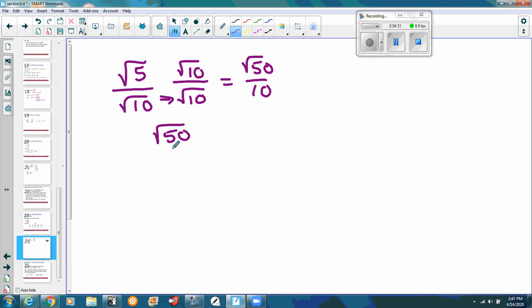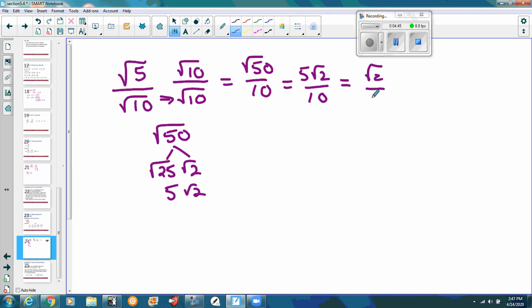So if I simplify radical 50, that's radical 25, radical 2. So that's 5 rad 2. Coming back up here, that's 5 rad 2 over 10. Then finally reducing the fraction like we did in the last section, that would be radical 2 over 5. So the goal is not to have a radical here in the denominator.